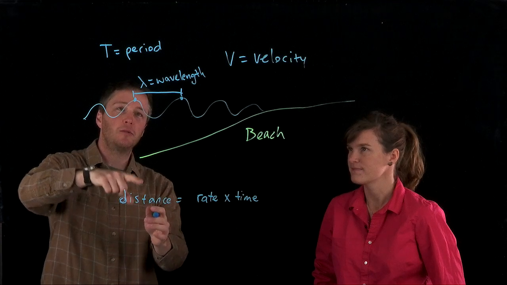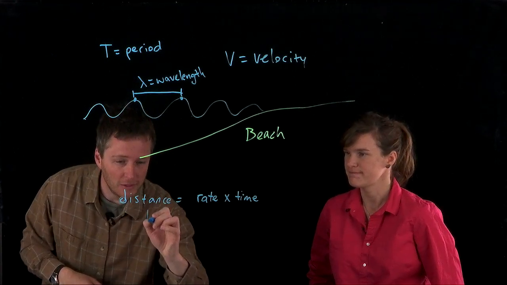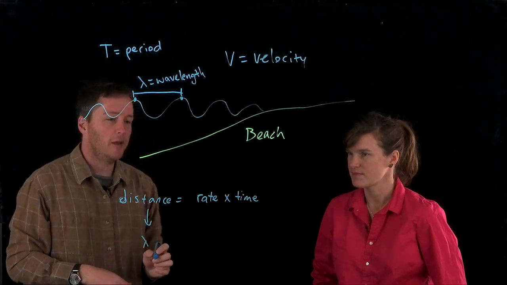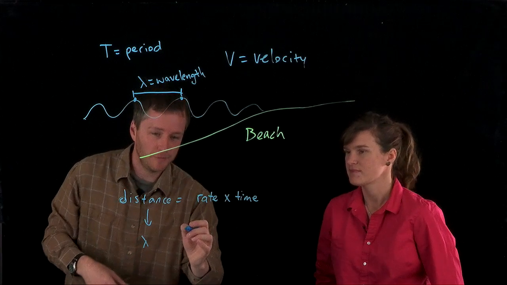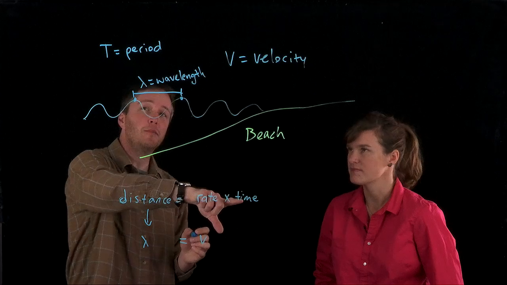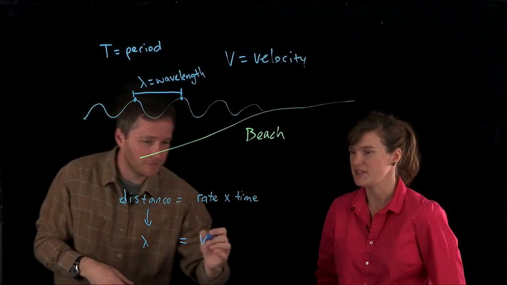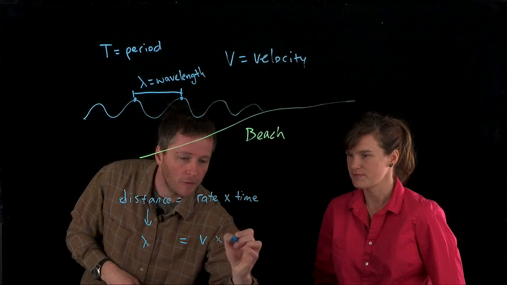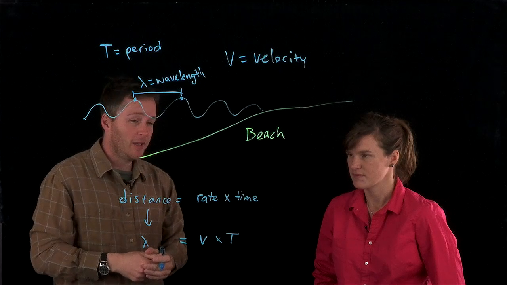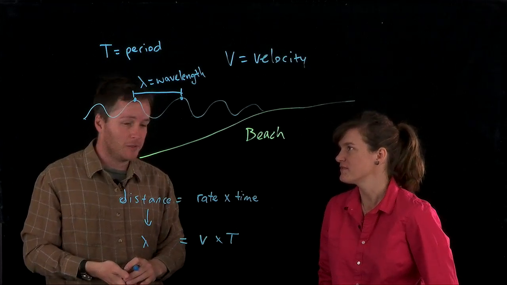The one thing we measured from the wave that was a distance was the wavelength, so that becomes lambda. The rate is just the velocity, so that's v. And the time, we said, was the period, the time between successive peaks. So we have wavelength equals velocity times period. This is just a reformed rate equation, but for waves.